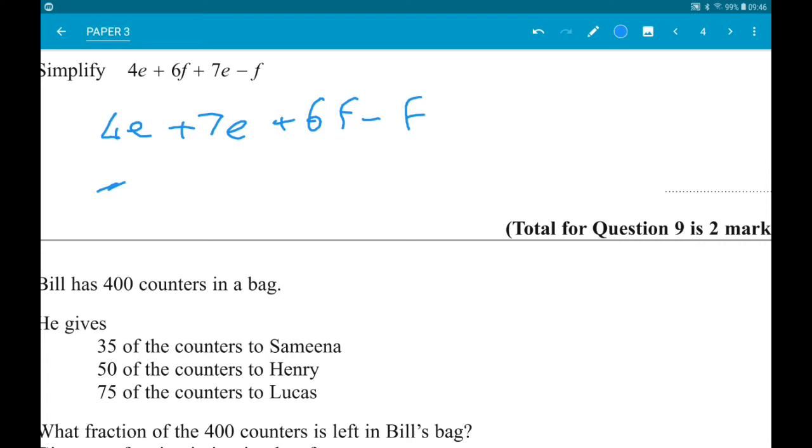Now we want to write that in as fewer terms as possible. So altogether we have 11e. Now 6f minus 1f is 5f. So we have 11e add 5f.